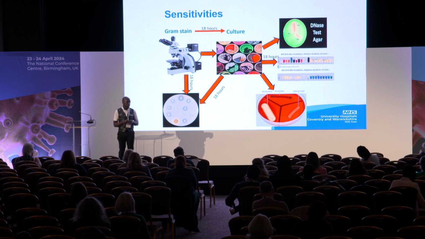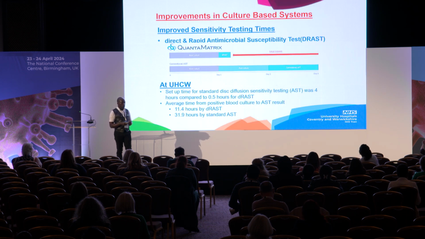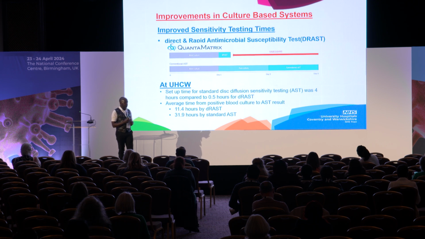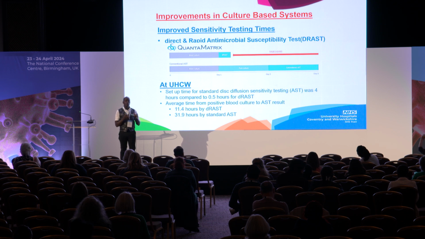So two days. But we can improve on that. We use a system called RAST at UHCW. With that system, we are able to get sensitivities within 11.4 hours from a positive blood culture, because we can do the sensitivities much earlier.